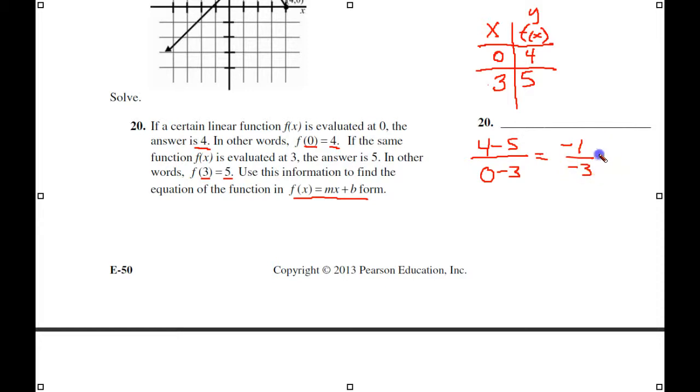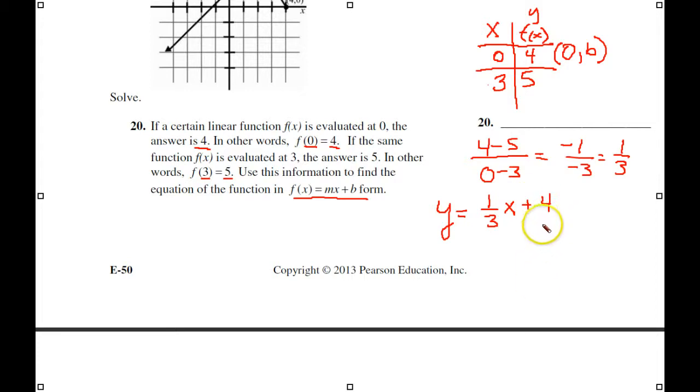So our slope is 1/3. Now notice this point here is in the form 0, b. That's the y-intercept. So our equation then will be y equals our slope 1/3 x plus 4.